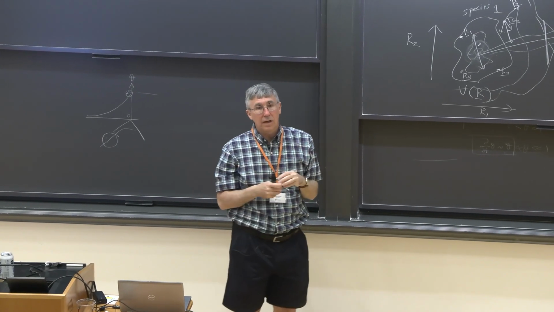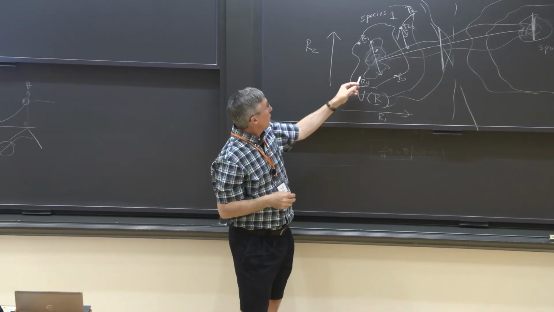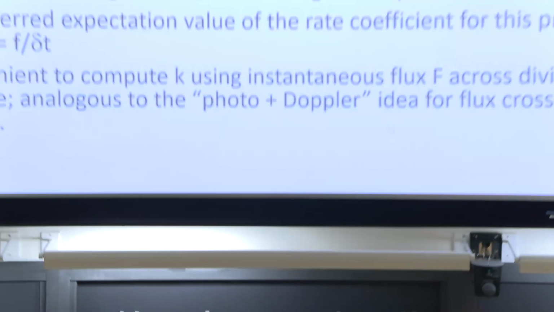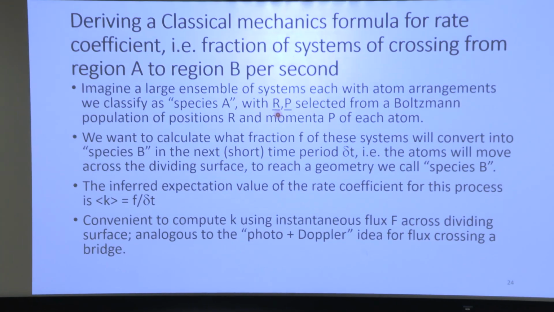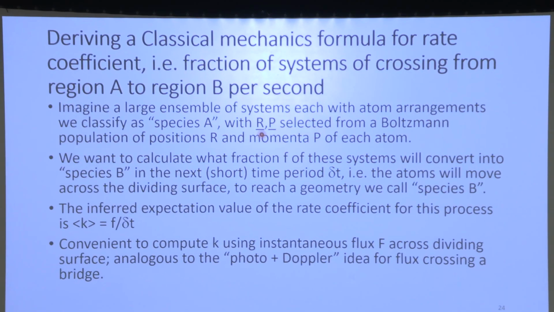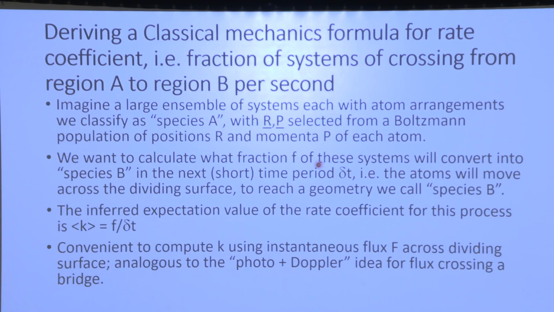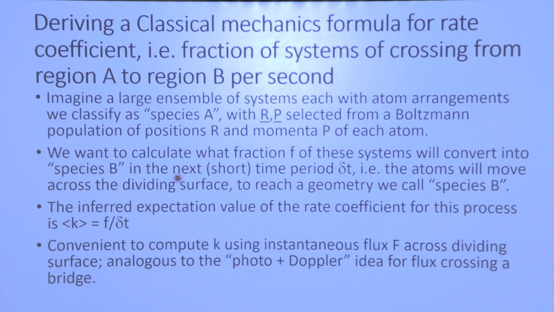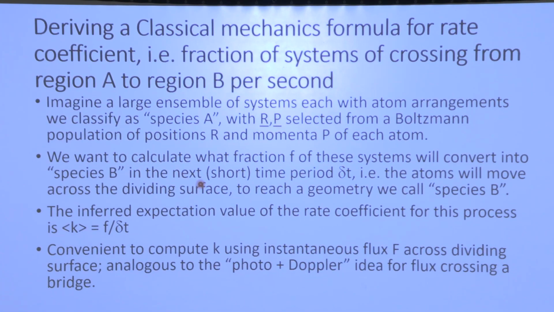High momenta have high kinetic energies. The R's that are uphill have high potential energies. So the ones down in the valley that have low momenta would be the most favorable ones and contribute the most. And I want to compute what fraction of those R's and P's convert into species B in a short period of time.